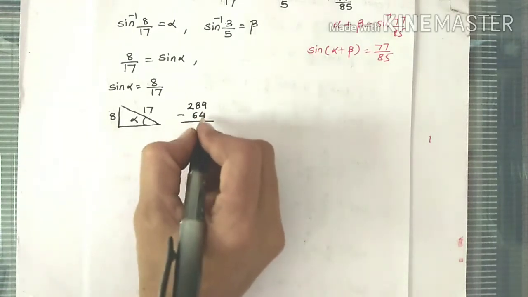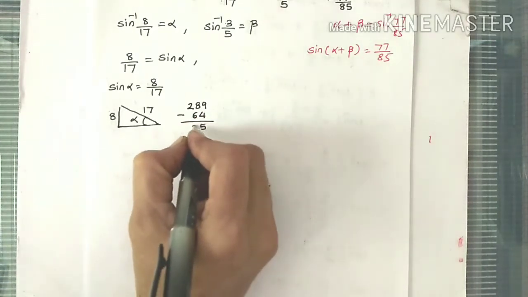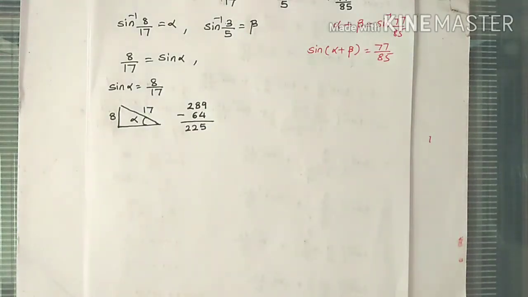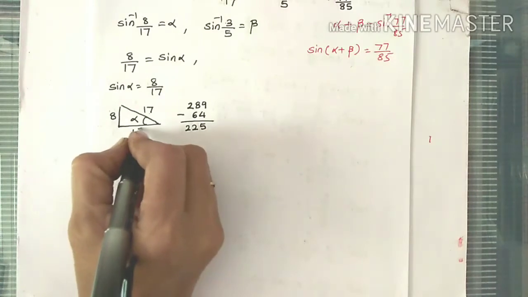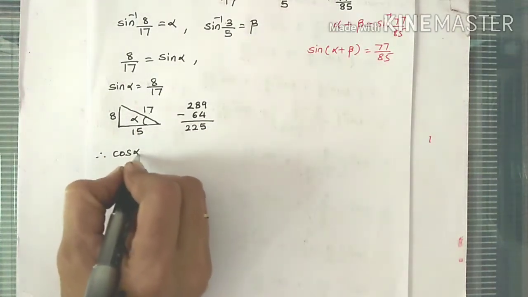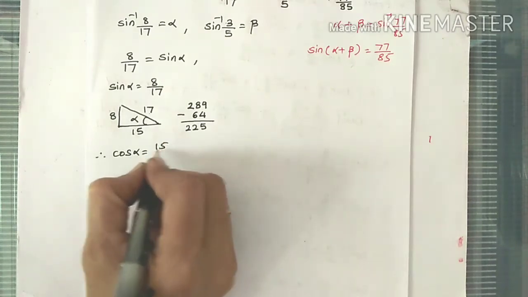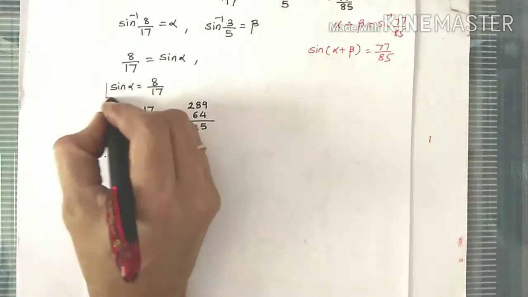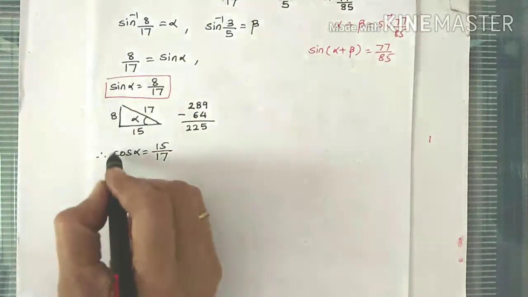That gives us 225. And the square root of 225 is 15. Therefore, we get the value of cos alpha as 15 divided by 17. So now we have the values of sin alpha and cos alpha both.